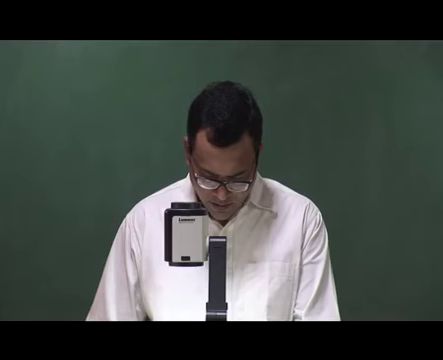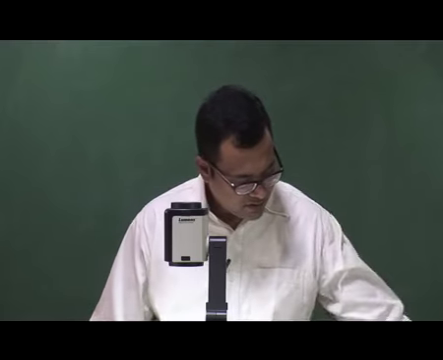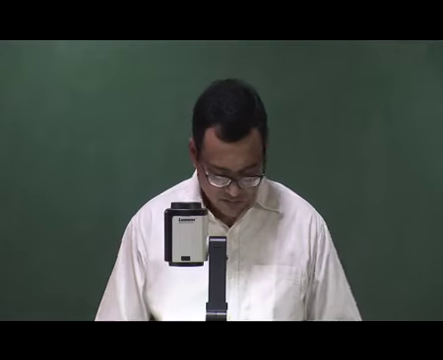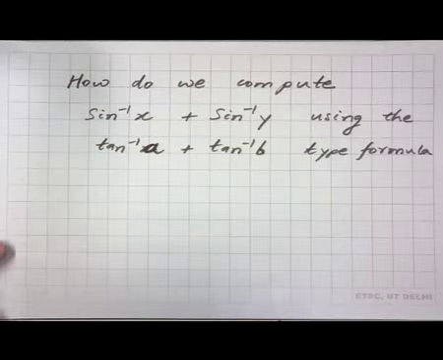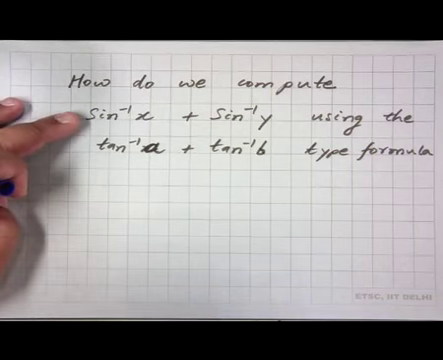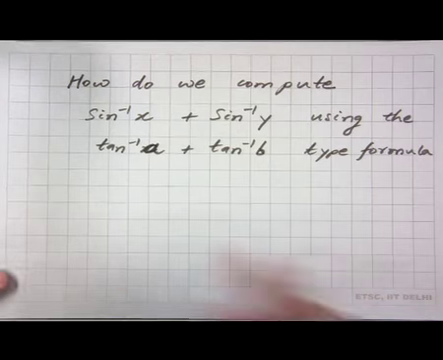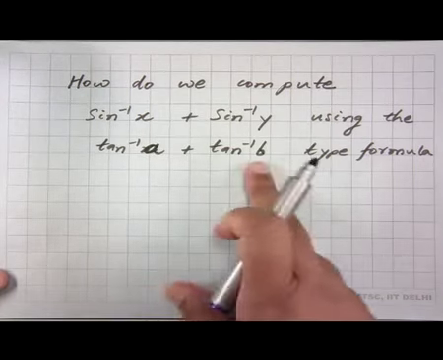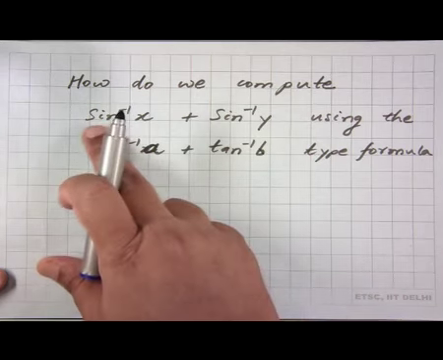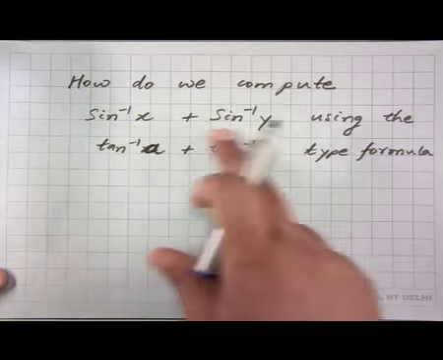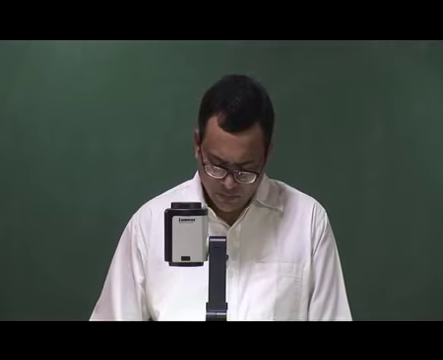So, a natural question which can be asked is, what if we have to compute something like sine inverse x plus sine inverse y? Will it be possible to use the tan inverse A plus tan inverse B type formula and derive the value of sine inverse x plus sine inverse y? And that is possible.